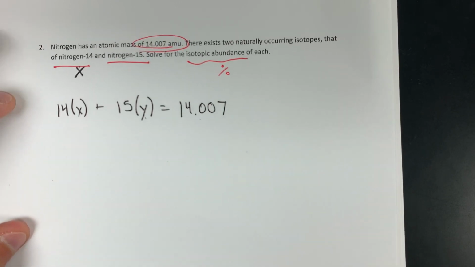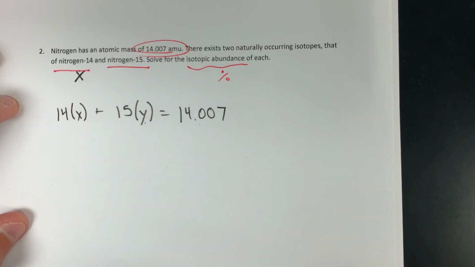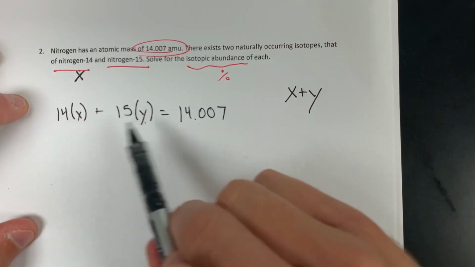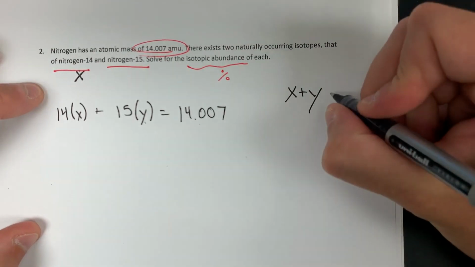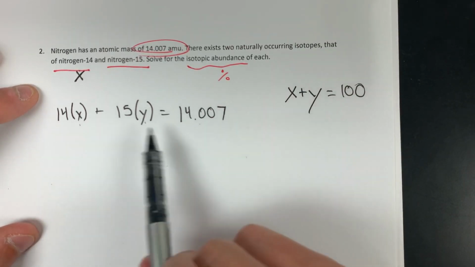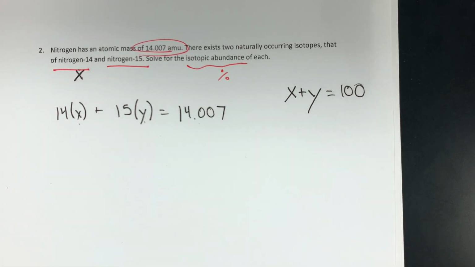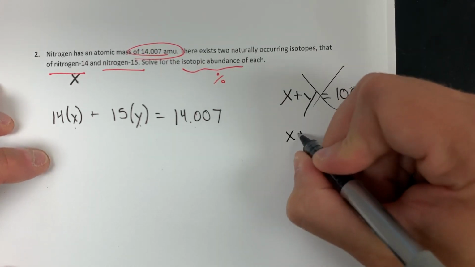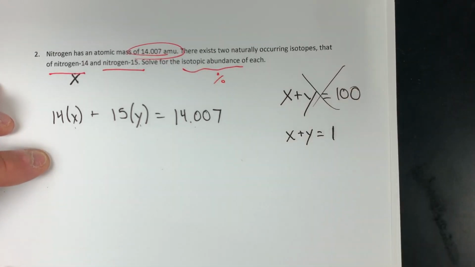The way that I would approach this is that we know all percentages sum to 100. But you have to remember that in using them, we would have converted over to the decimal form. So actually, X plus Y will not equal 100; rather X plus Y will equal 1.